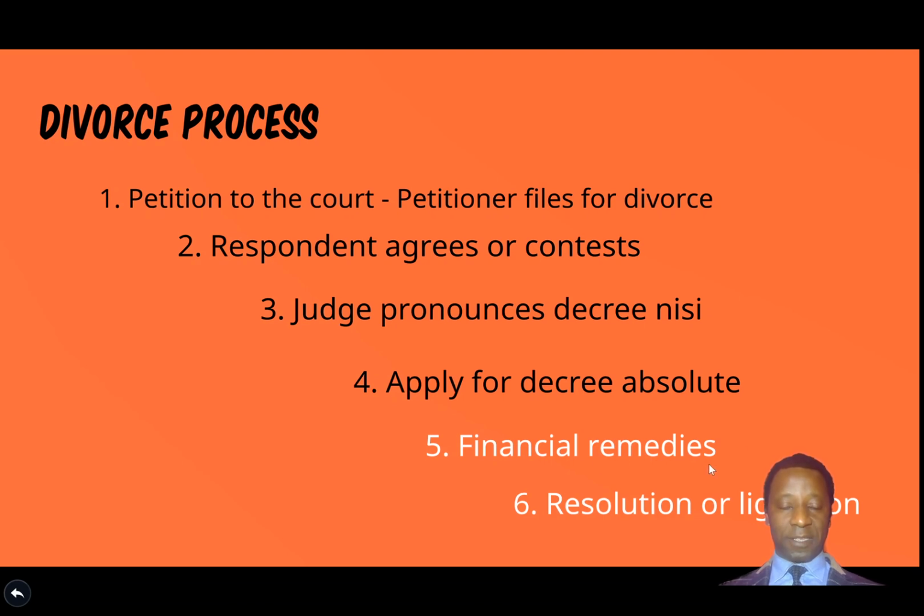If financial remedies are requested, or if a claim for financial remedies is made, that could be through the court system, or that could be through other out-of-court settlement procedures.